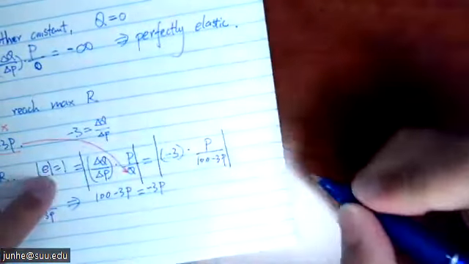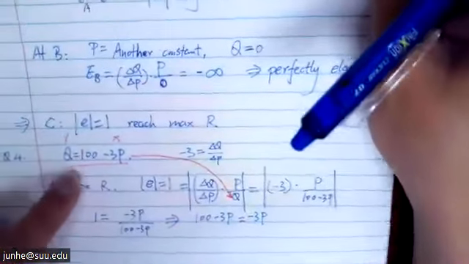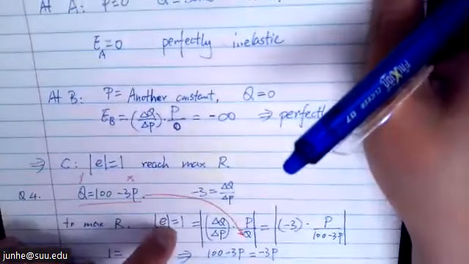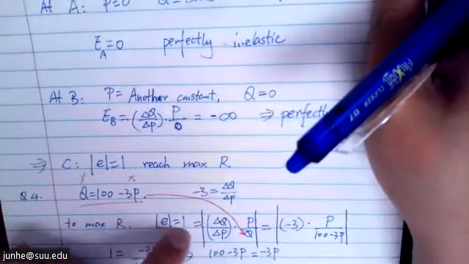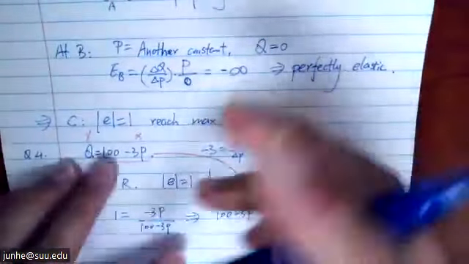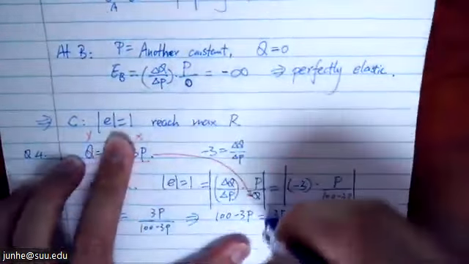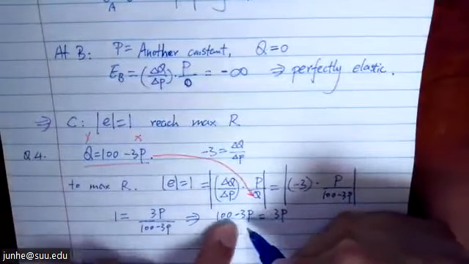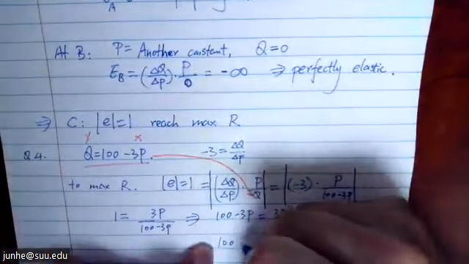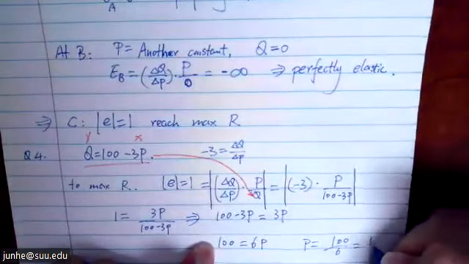I apologize, I forgot to add the absolute value sign. Because we want it to be unitary elastic, you need to apply the absolute value to it. So here it is actually positive 3P equals 100 minus 3P. So 100 equals 6P, and P equals 100 over 6, which is 50 over 3.